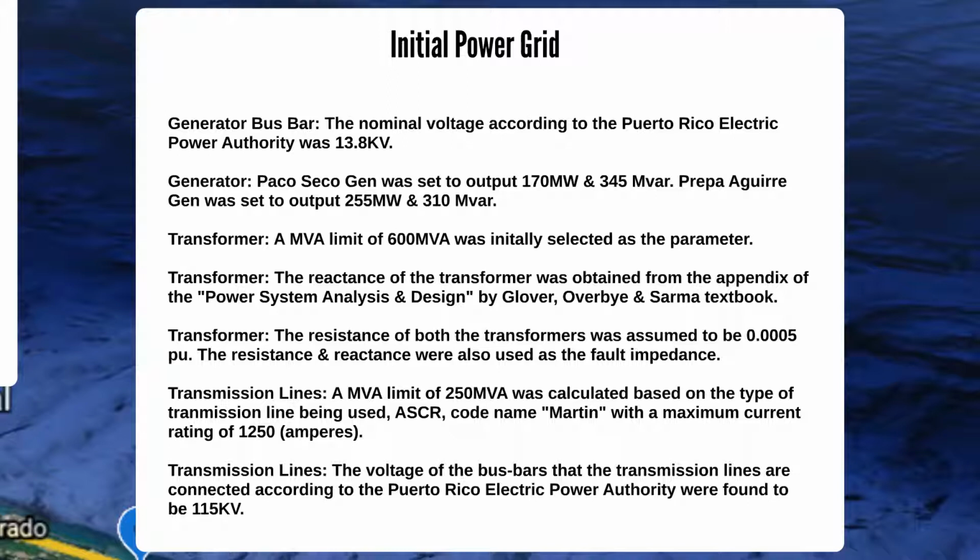As it relates to the transmission lines, an MVA limit of 250 megavolt ampere was calculated based on the type of transmission line being used, codename Martin, with a maximum current rating of 1250 amperes.